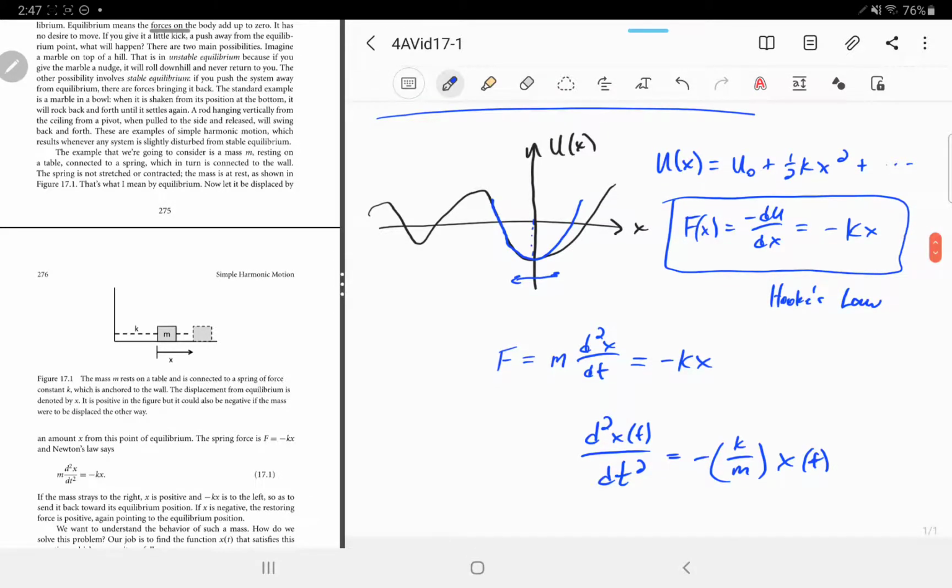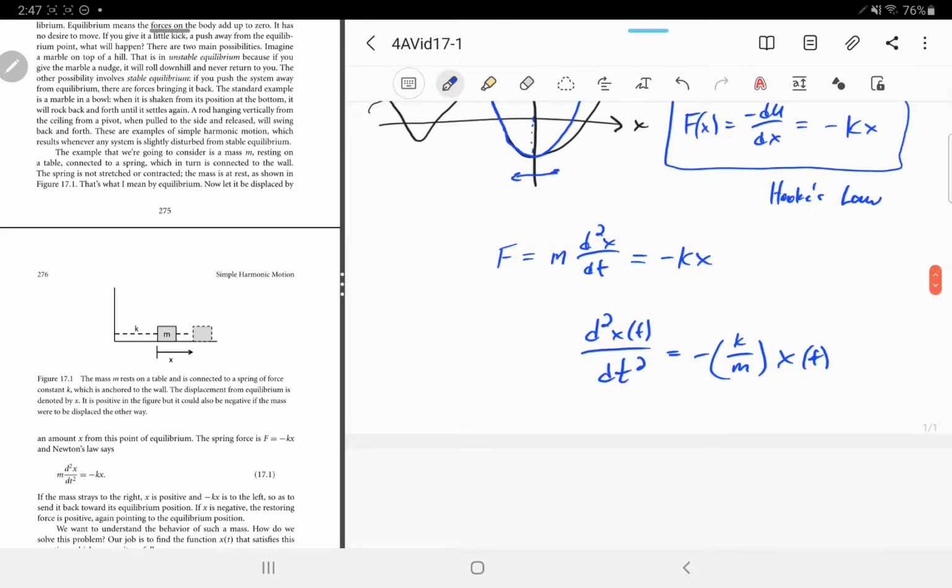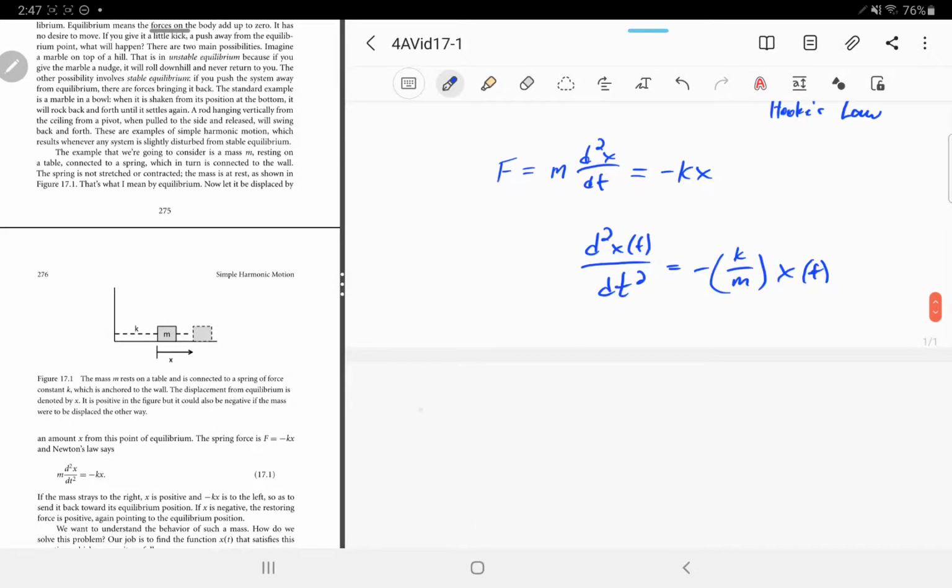So the second derivative of a function is minus a constant times x of t. So we're going to replace k over m with this new thing called omega squared, where omega is the square root of k over m.